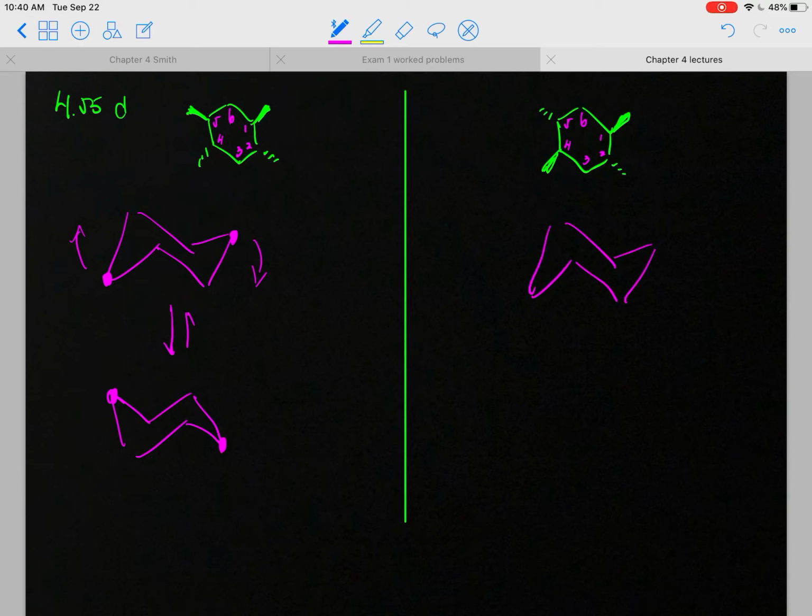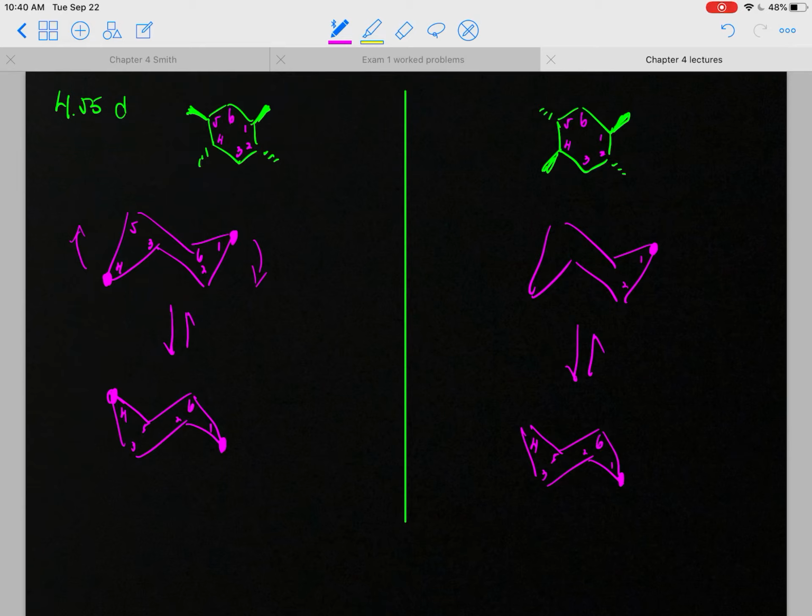Same thing here. So practice drawing those. Hopefully you get better and better as time goes on. So again, what I want to make sure I do is number clockwise, so I don't randomly put substituents every which way.